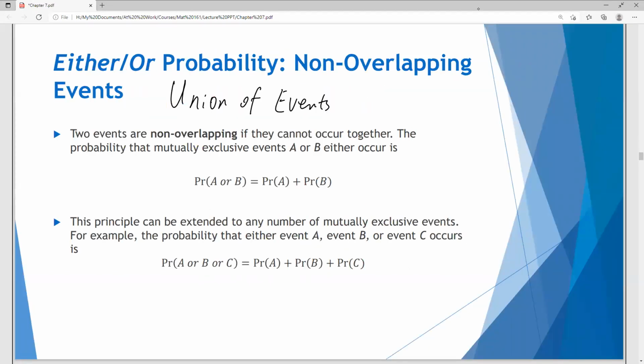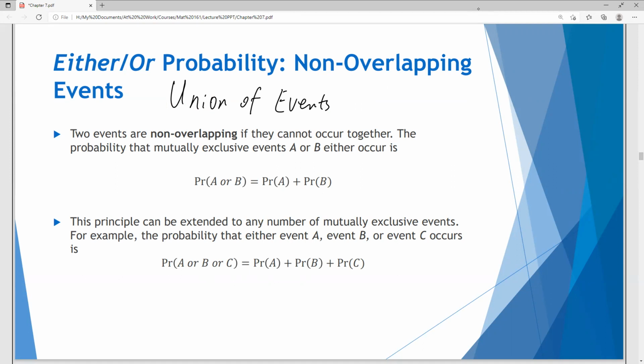Similarly, the union of events. Two events are non-overlapping, or something called mutually exclusive, if they cannot occur together. For those events that cannot occur together, they affect each other: when one occurs, the other cannot occur.